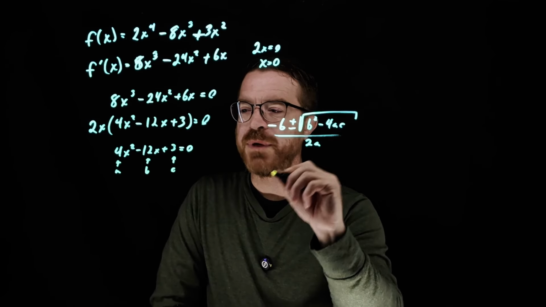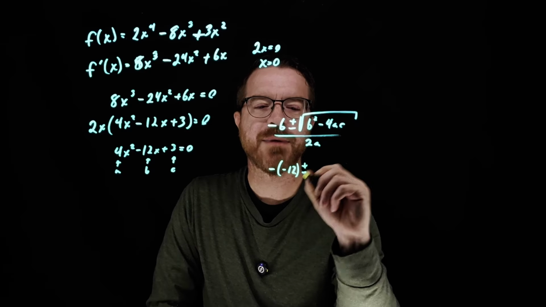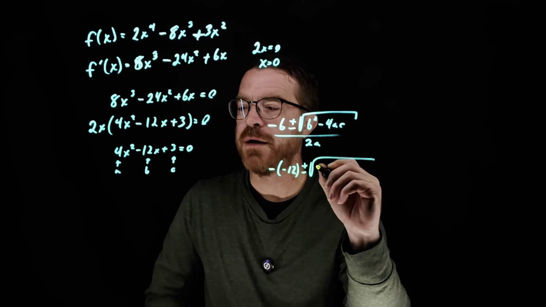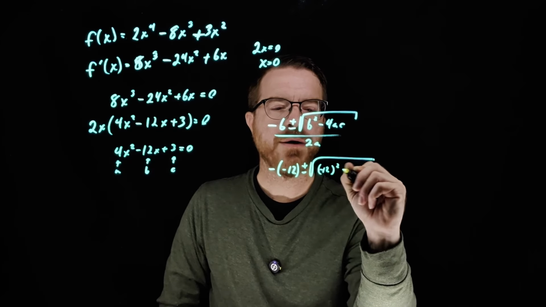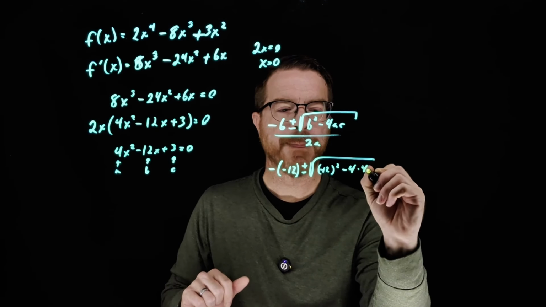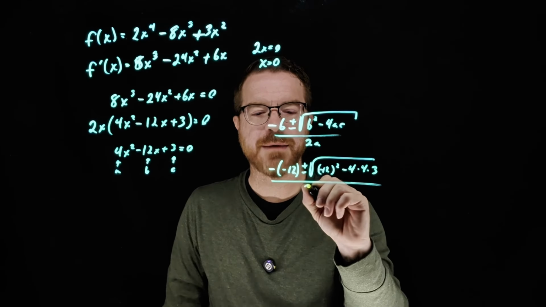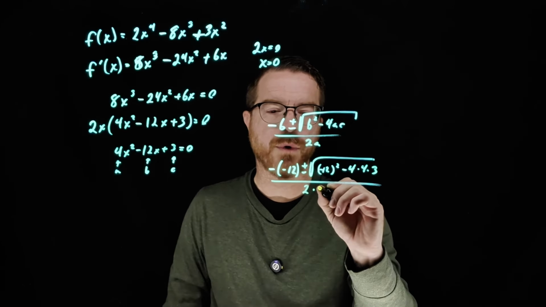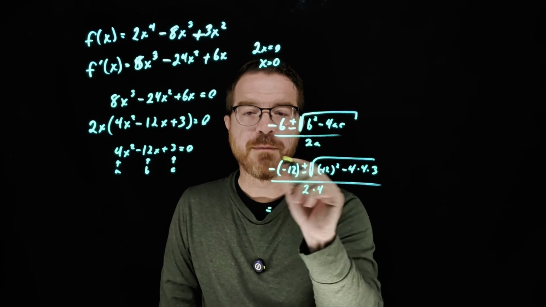So this means our quadratic formula is going to be minus negative 12 plus or minus the square root of b squared, so minus 12 squared minus 4 times 4 times 3 divided by 2 times our a, which is 4.